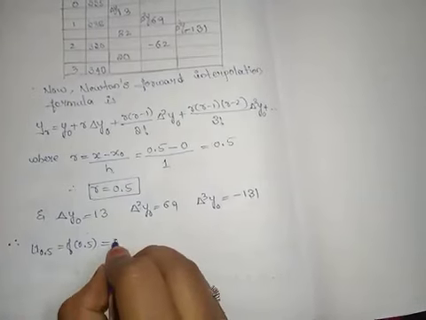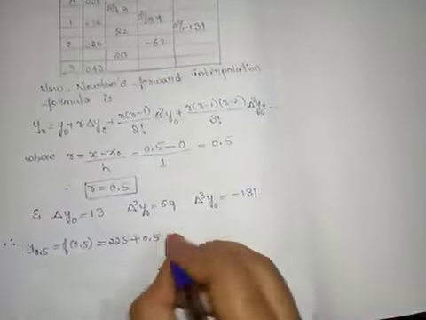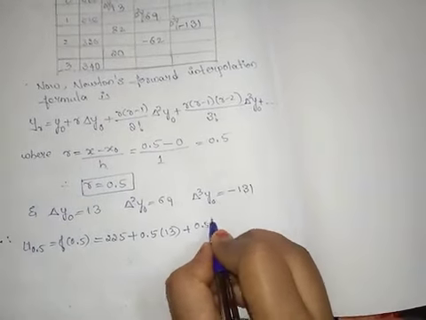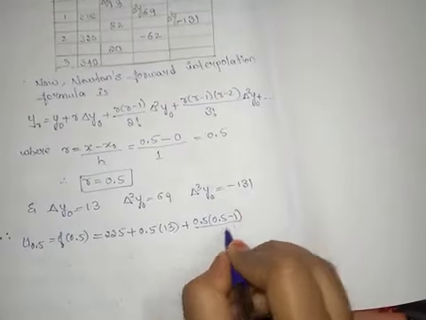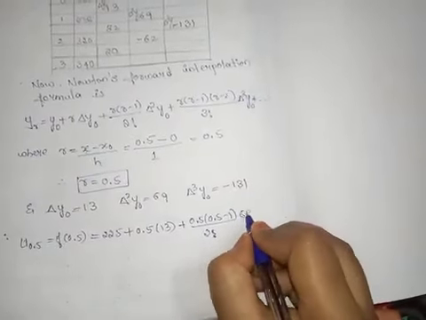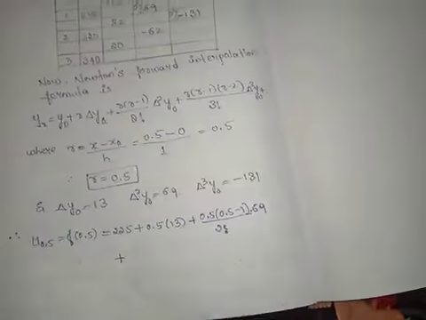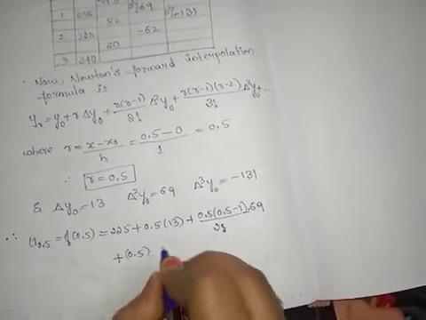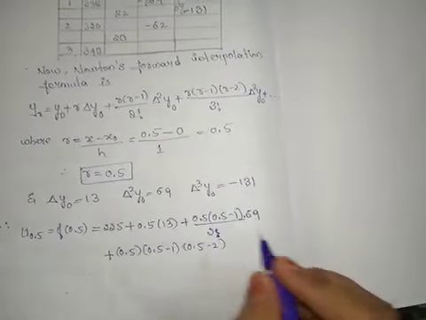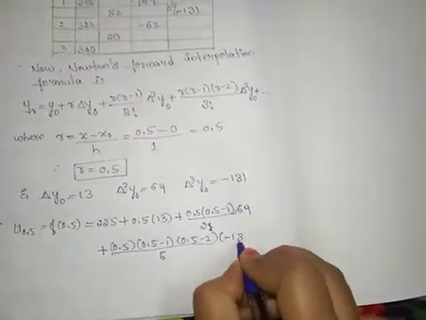Which is equal to y naught, 225, plus 0.5 into delta y naught value 13, plus 0.5 into 0.5 minus 1 divided by 2 factorial, or simply 2, into delta square y naught 69, plus 0.5 into 0.5 minus 1 into 0.5 minus 2 divided by 3 factorial, which is 6, into minus 131.